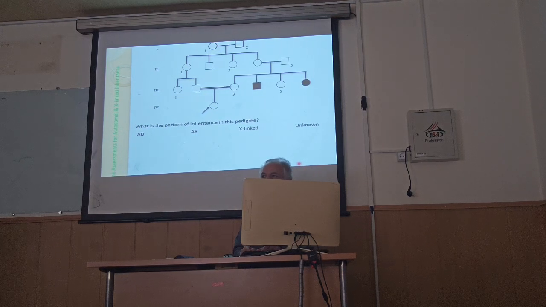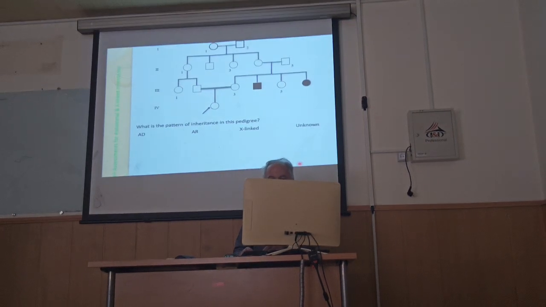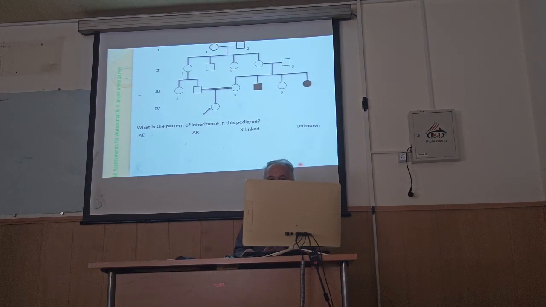In the third generation, the fourth and the sixth individuals are affected, while we don't see any individual in generations one and two with the disease. Normal parents have affected children.